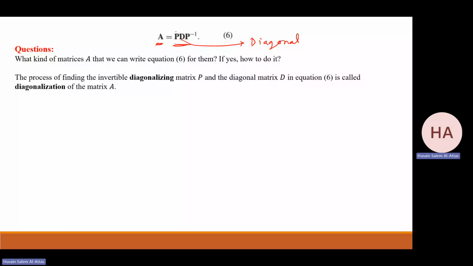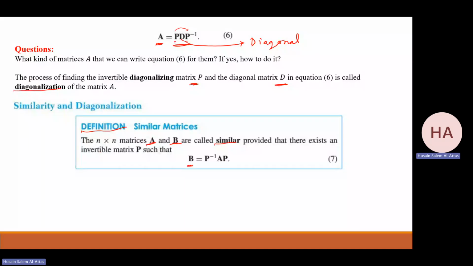And the matrix P says that B is P inverse A P, which is similar to this one. So we say A and B are similar matrices. Here we say A and B are similar matrices, the same thing here.